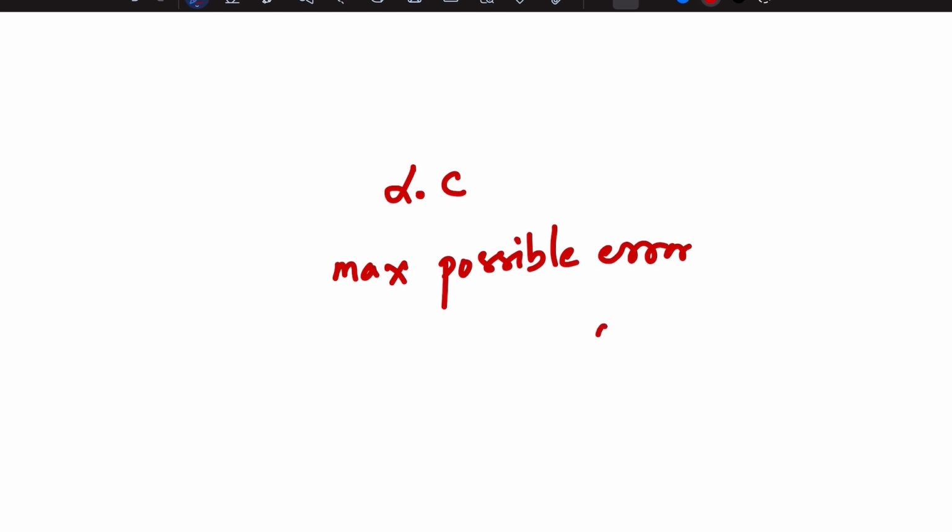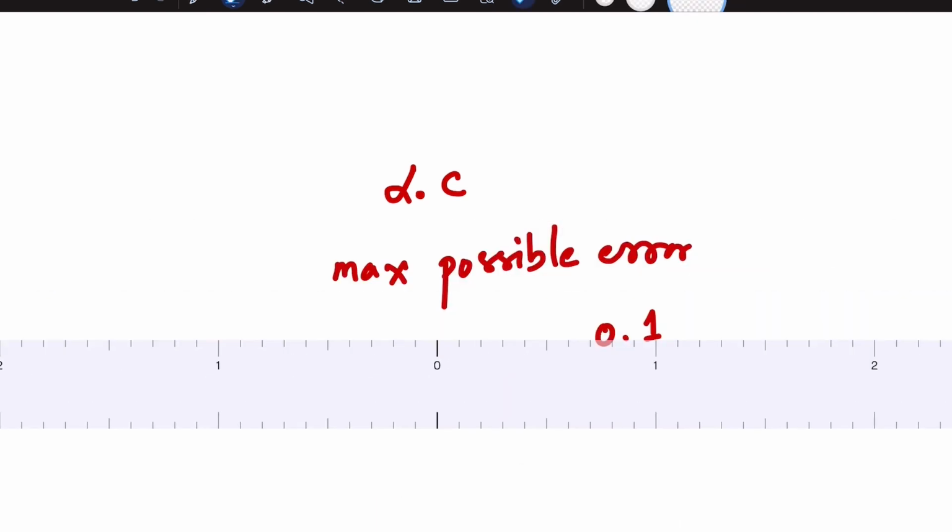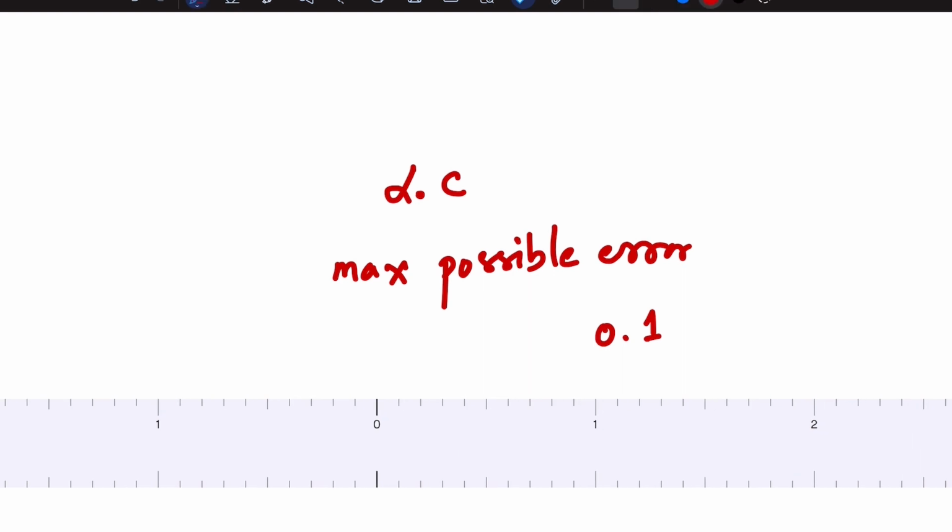If the least count is 0.1 and you find the length of something to be 1.2, after you made some mistake, you may get 1.3, you may get 1.1.